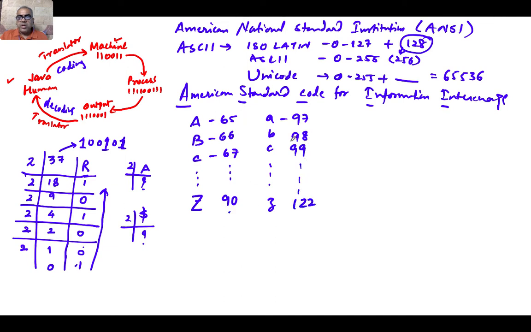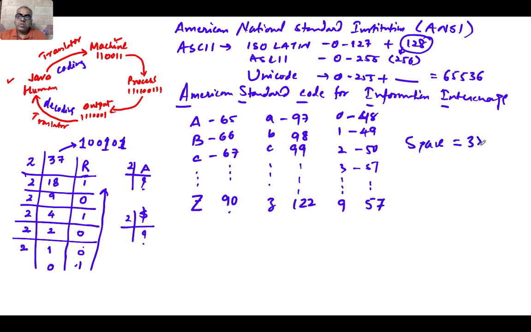The numbers between 90 and 97 are some other special characters; they are not in sequential order. And digits 0, 1, 2, 3 till 9 are 48, 49, 50, 51 till 57, and space is supposed to be 32.